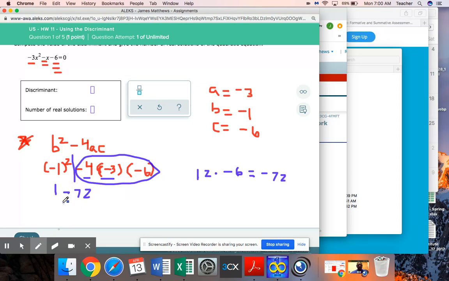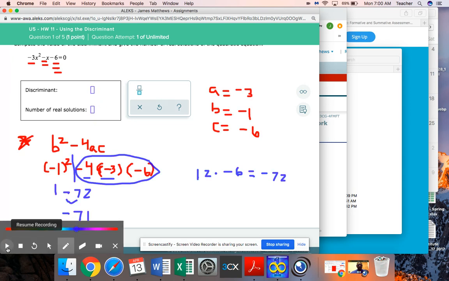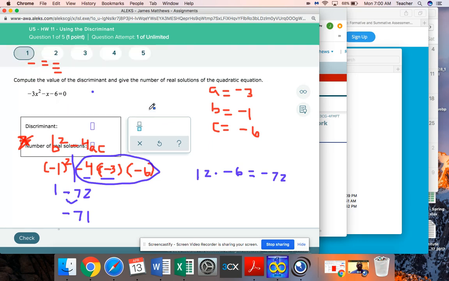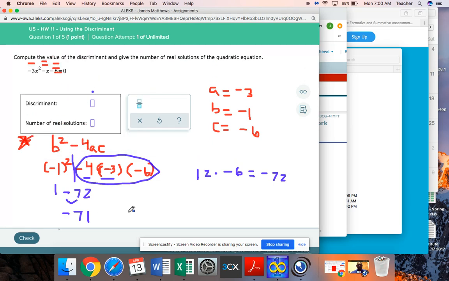When I'm done with this, I go ahead and simplify that a little bit. 1 minus 72 is -71. So the value of my discriminant, sorry about that. The value of the discriminant we found is -71.